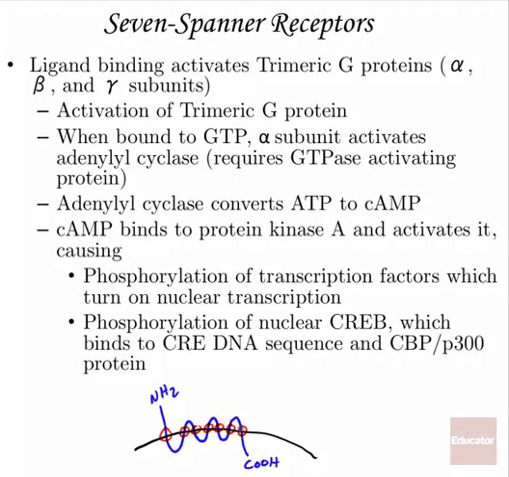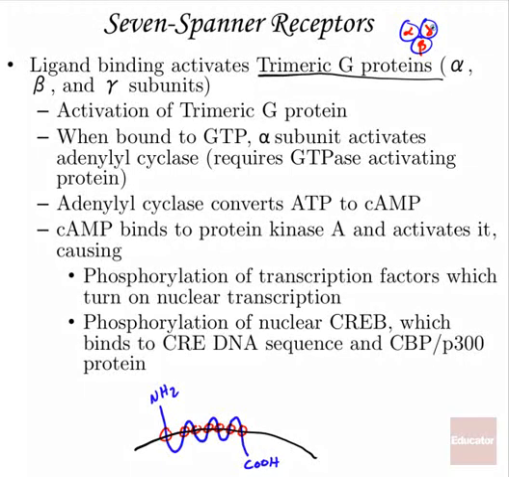And there are several different 7-spanner receptors. So how do these work? All right, very similar in the fact that there's ligand binding that's activating a process. Specifically, we have ligand binding activating trimeric proteins called G proteins. So trimeric meaning 3, right? 3 different polypeptide chains. Each one of these subunits, we have an alpha subunit, a beta subunit, and a gamma subunit.